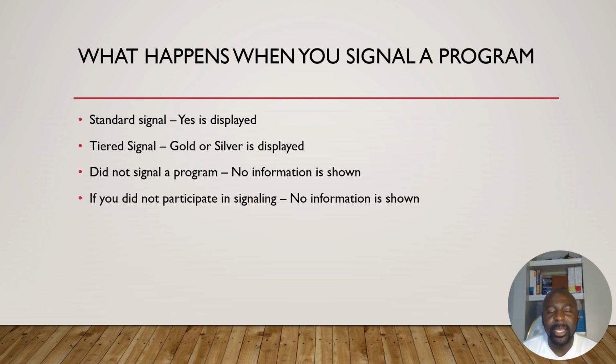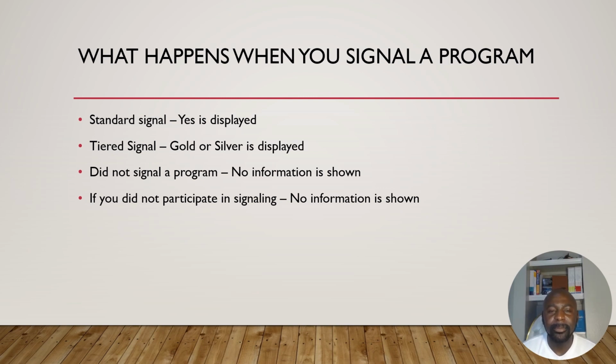Now, what happens when you signal programs? When you signal programs, the programs either see in the signal area that yes, you signaled them, or if you do not signal the program, they don't see any information. So what that means is if you don't participate in program signaling, you're the same as someone who did not signal a program.